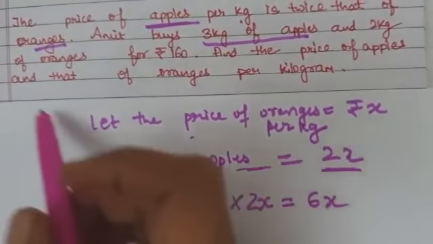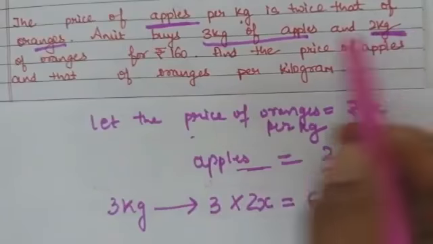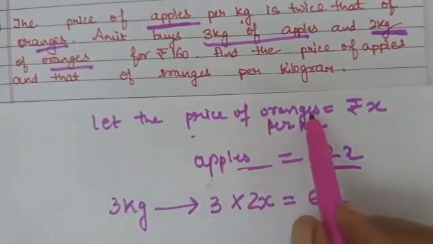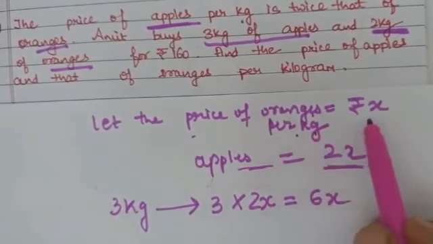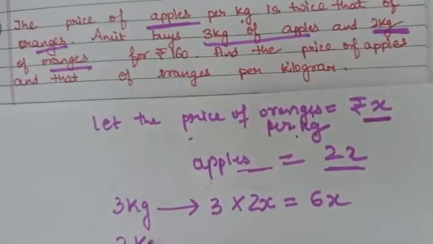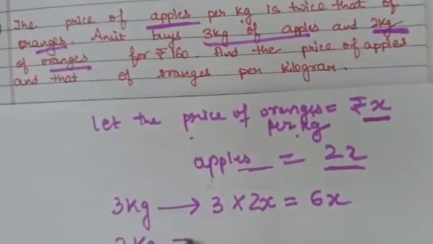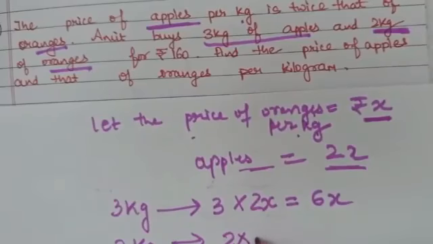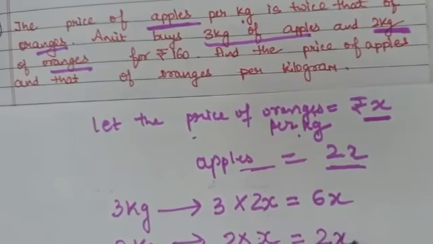He also bought 2 kg of oranges. Now the price of oranges per kg is equal to x. So the price of 2 kg of oranges will be 2 multiplied by x, that will be 2x.